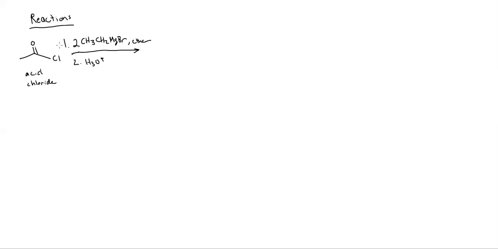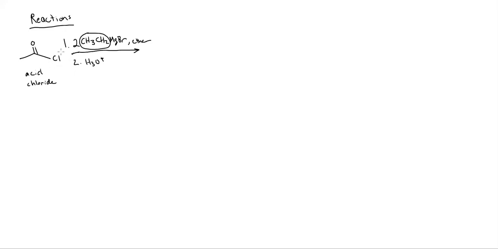So with an acid chloride, all right, a Grignard will add twice. Okay, so in the reactions we've already seen, the Grignard adds 1 time, right? In this case, it does not add 1 time, it adds 2 times. So whatever my Grignard is, so it's CH3CH2, so it's an ethyl group, right?